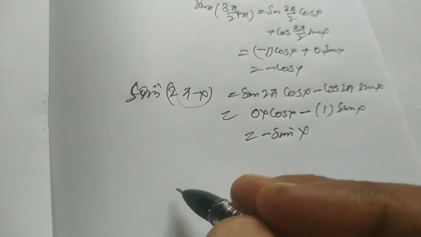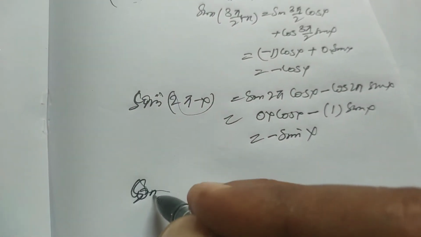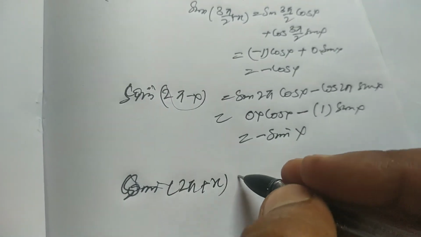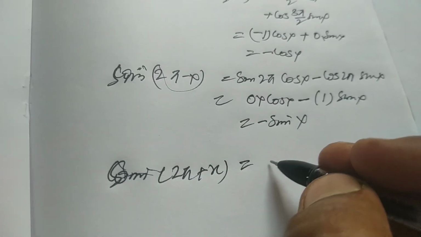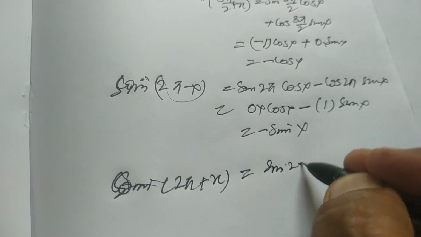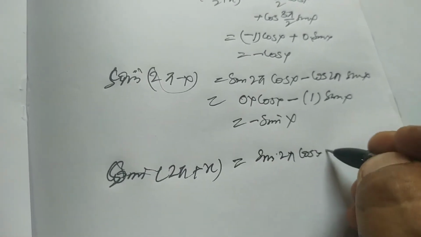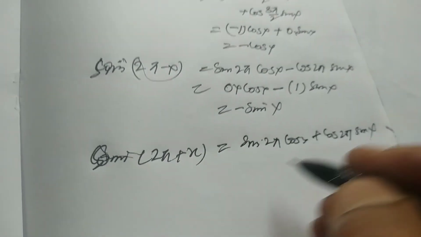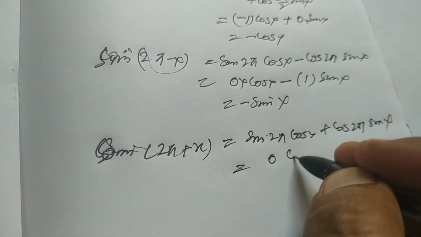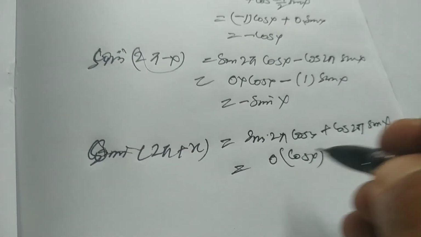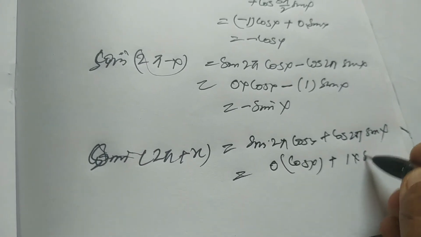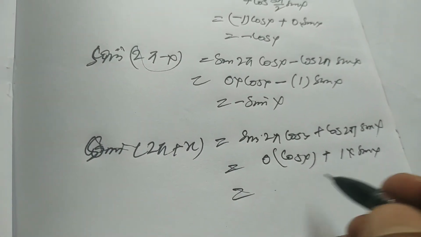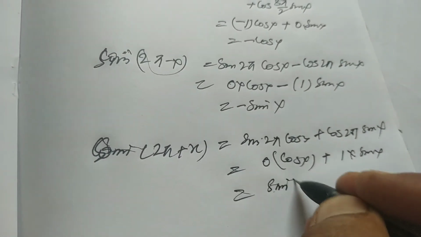The last one, you already know: sin(2pi + x) lies in the first quadrant, so it must be positive. That is sin 2pi cos x plus cos 2pi sin x, which is 0 into cos x plus 1 into sin x. This is equal to sin x.